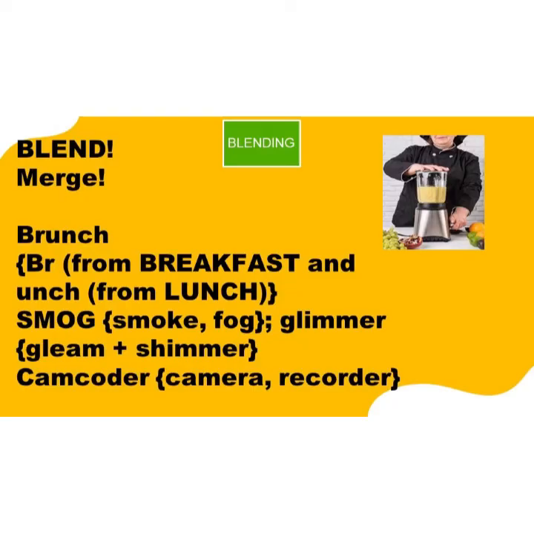Br from breakfast and unch from lunch come together to form brunch, meaning you do not take it in the morning as breakfast, you don't take it in the afternoon as lunch, you take it in the middle, say around 12, and then that is your meal, combining the two. Or if you're eating in the afternoon and you say, oh, this is my brunch, meaning you did not have any breakfast. Gleam and shimmer come together to form glimmer.